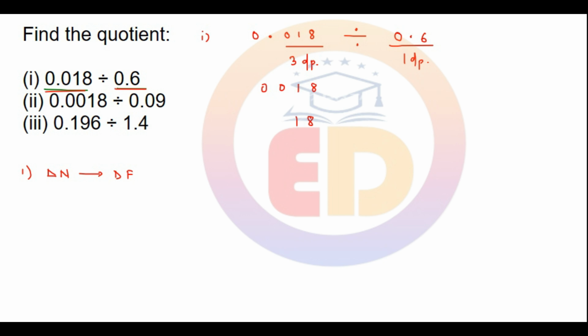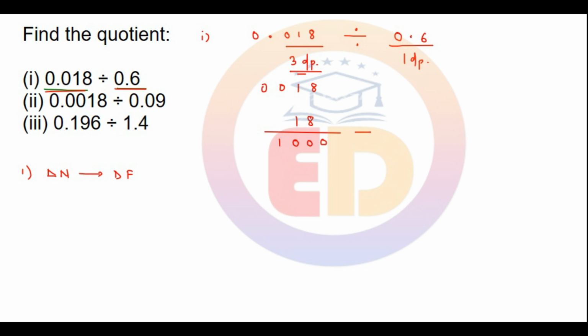And now in the denominator I'll write down 1 first. And since there are 3 decimal places, I'll place 3 zeros on the right side of 1. So my decimal number 0.018 will become decimal fraction 18 upon 1000. You have to be very careful and remember that after 1 you should place 3 zeros.